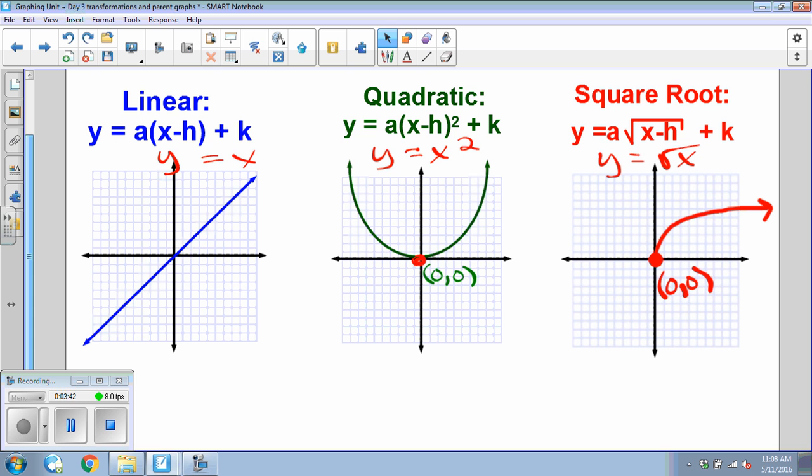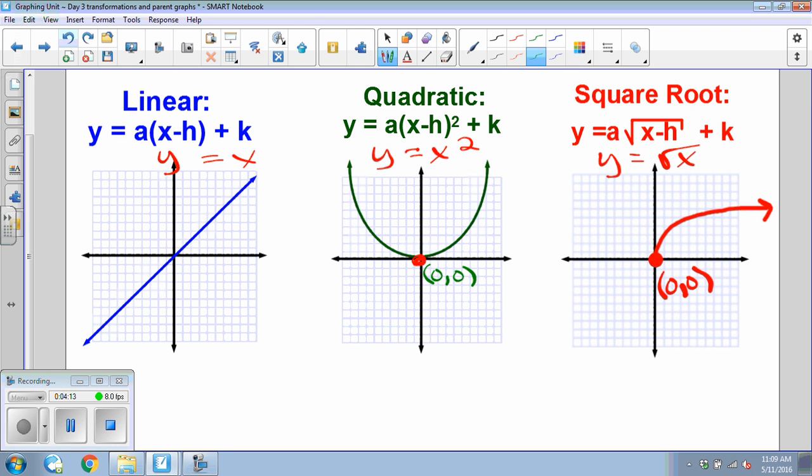But when you compare a quadratic, which is y equals x squared, to a square root, which is the square root of x, we're missing half the graph. Like if I took this graph, this quadratic, and turned it like this, you would think it would look like that, but it doesn't. Why not?